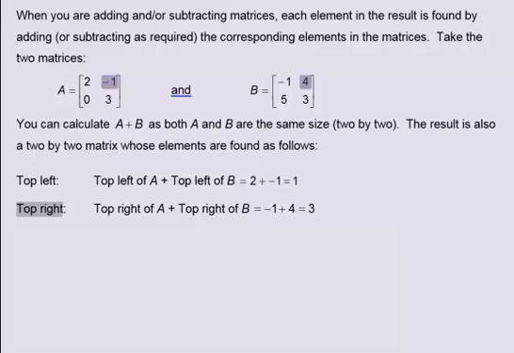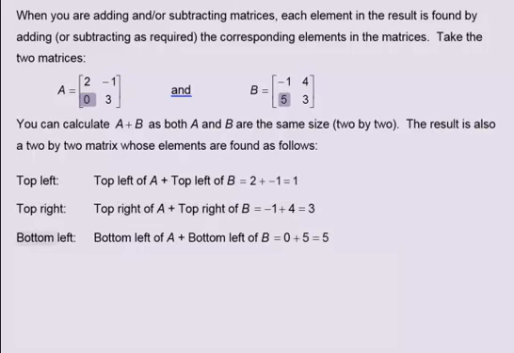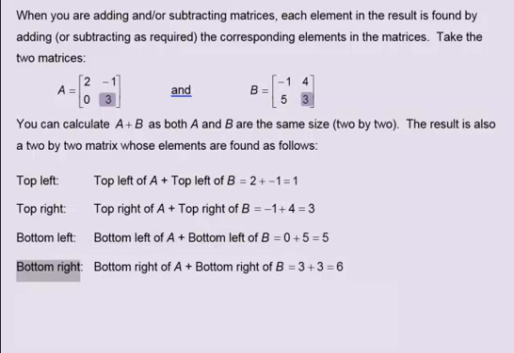Top right of A plus top right of B equals minus 1 plus 4, which equals 3. Bottom left of A plus bottom left of B equals 0 plus 5, which equals 5. Bottom right of A plus bottom right of B equals 3 plus 3, which equals 6.